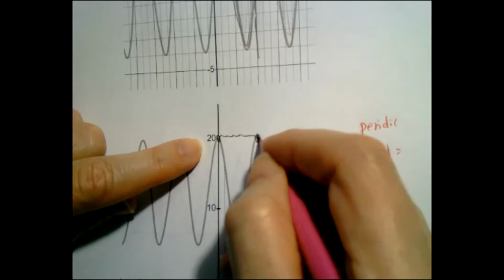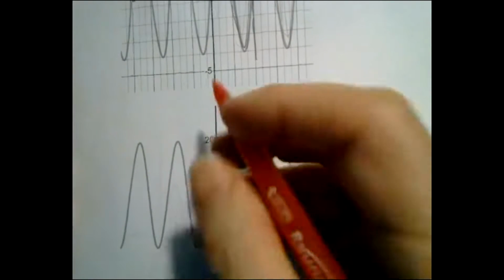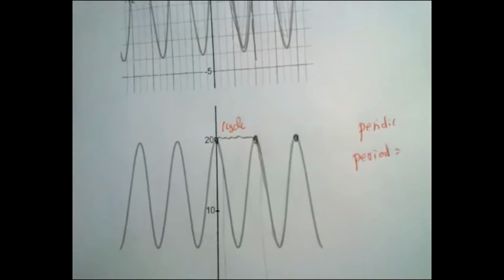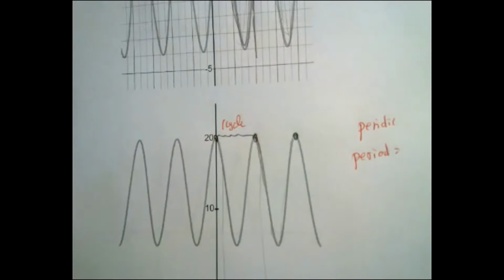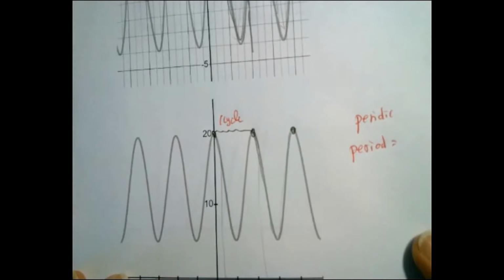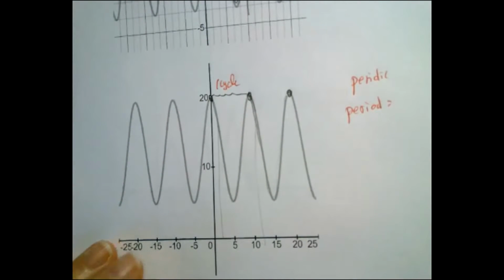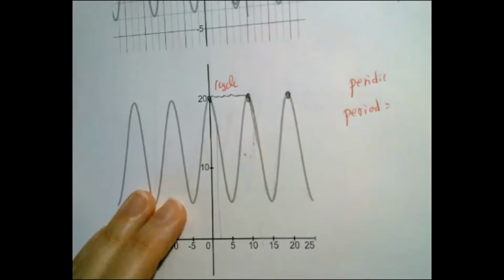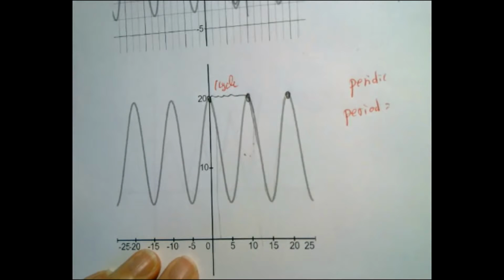So this is a cycle here. Sorry, if you don't see, you have to tell me. Sometimes I put my finger in a place where I hide what I'm talking about. So that's one cycle. Let's see, how much is the period? Do you guys see it?